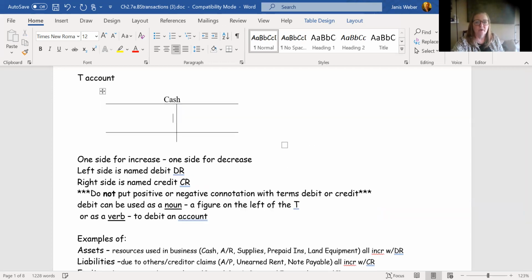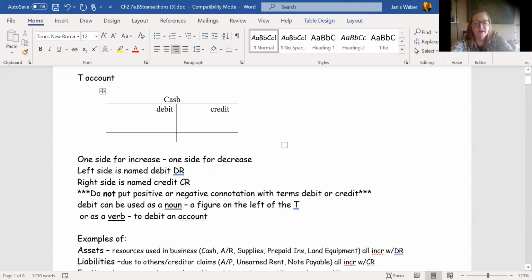But I want you to understand something generally about T accounts. You need to think of each side of it as being called the debit side and the credit side. The left side of the T account is the debit side. This side is the debit side. This side is the credit side. Oh, but you have to spell credit correctly.